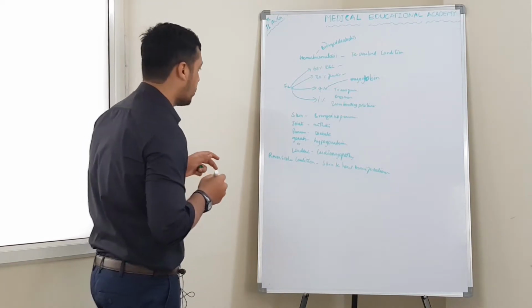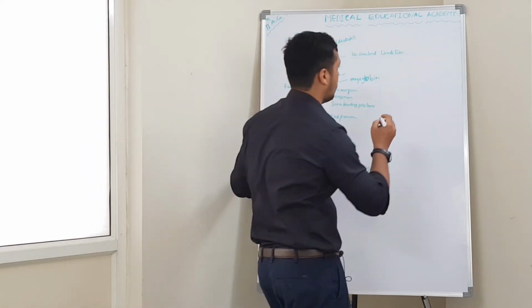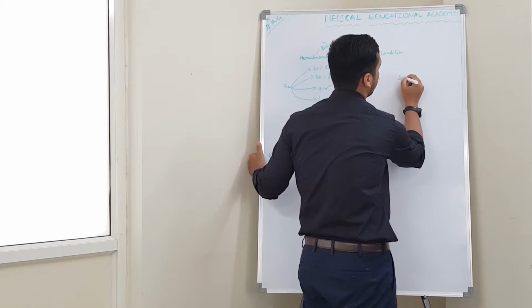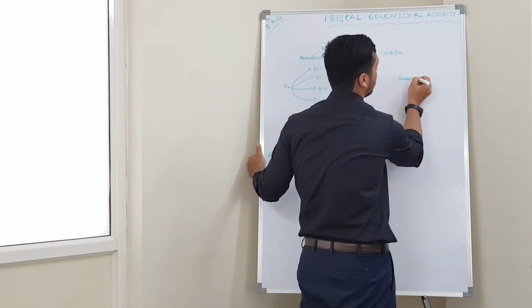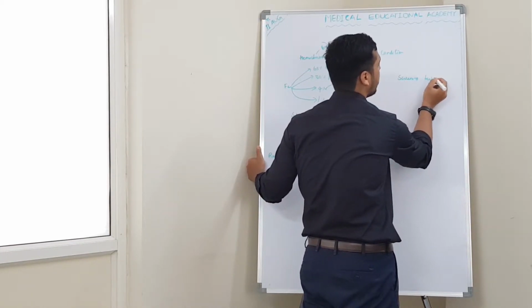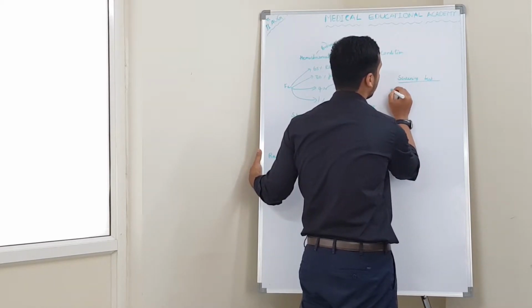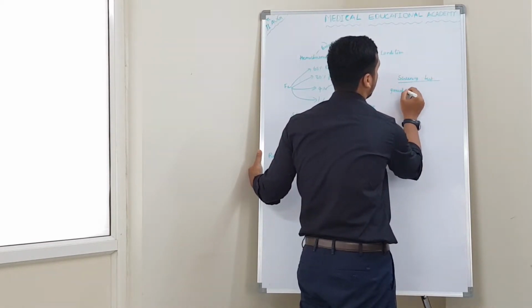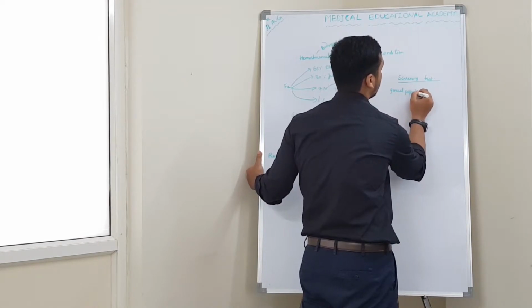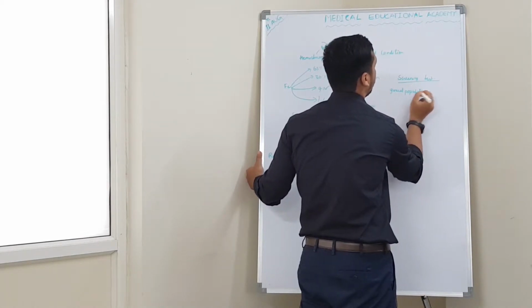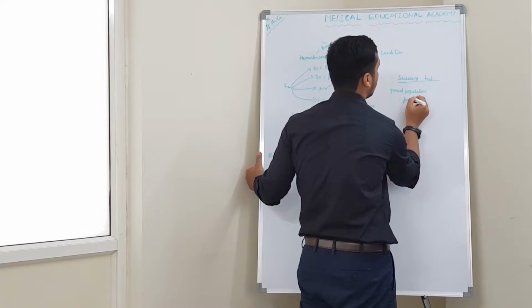So for hemochromatosis, they will be asking about the screening test. If you are suspecting hemochromatosis, what screening tests would you do? The screening tests you want to do in the general population would be ferritin and transferrin saturation.